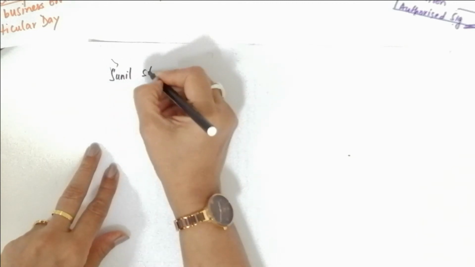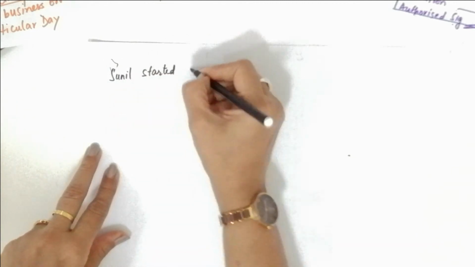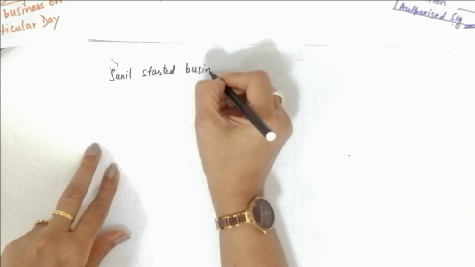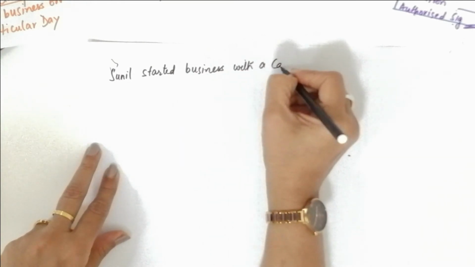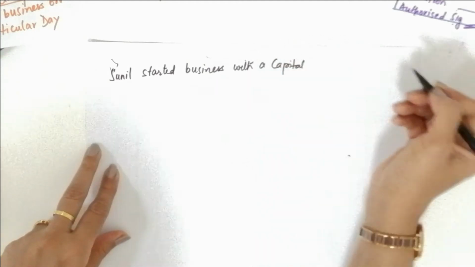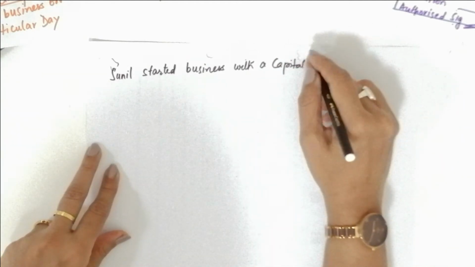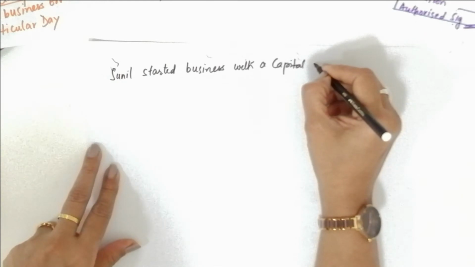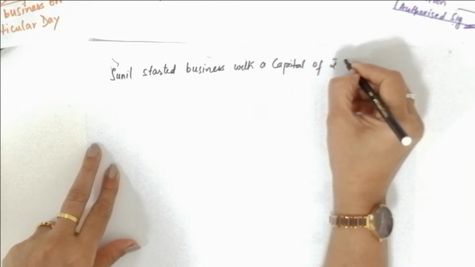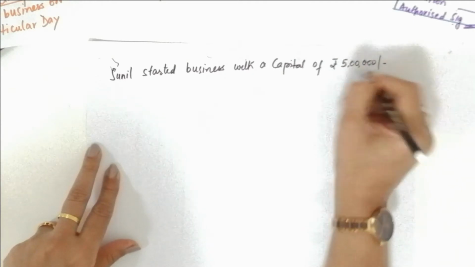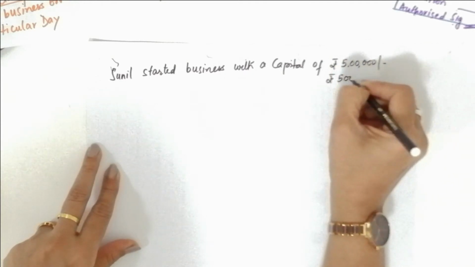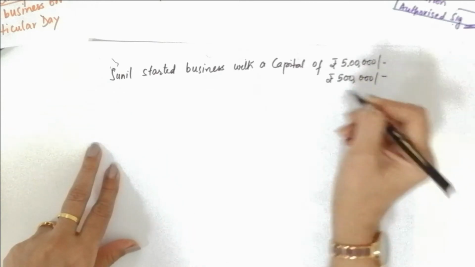Sunil started business with a capital of rupees 500,000, or you can say rupees 5 lakhs, right?